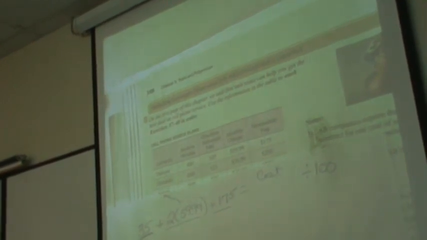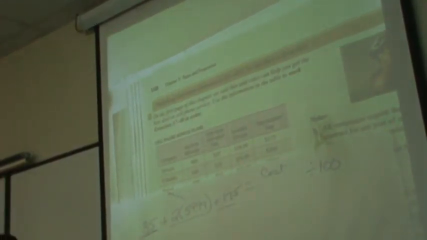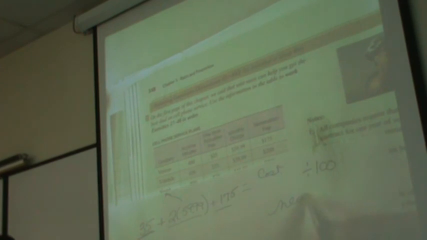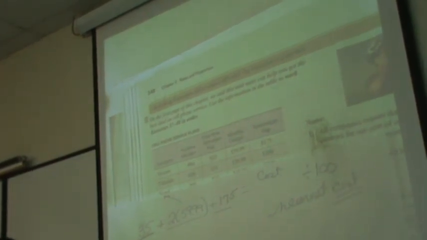You didn't use how much they allowed. So every time you find the cost, you're going to divide it by 100. And then it says to do it to the nearest cent. So you're going to have 4 answers on that one too, because you're going to do that for every plan.